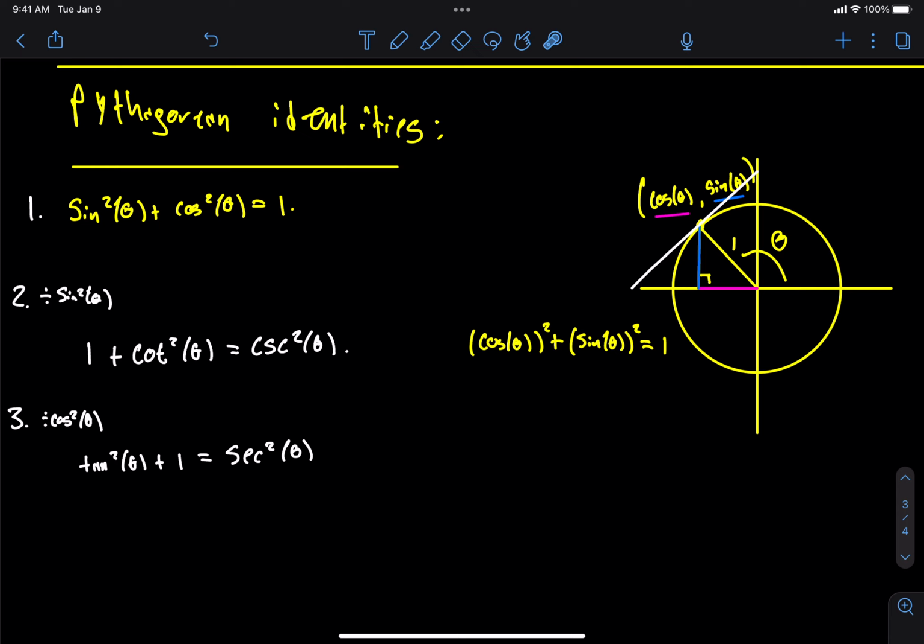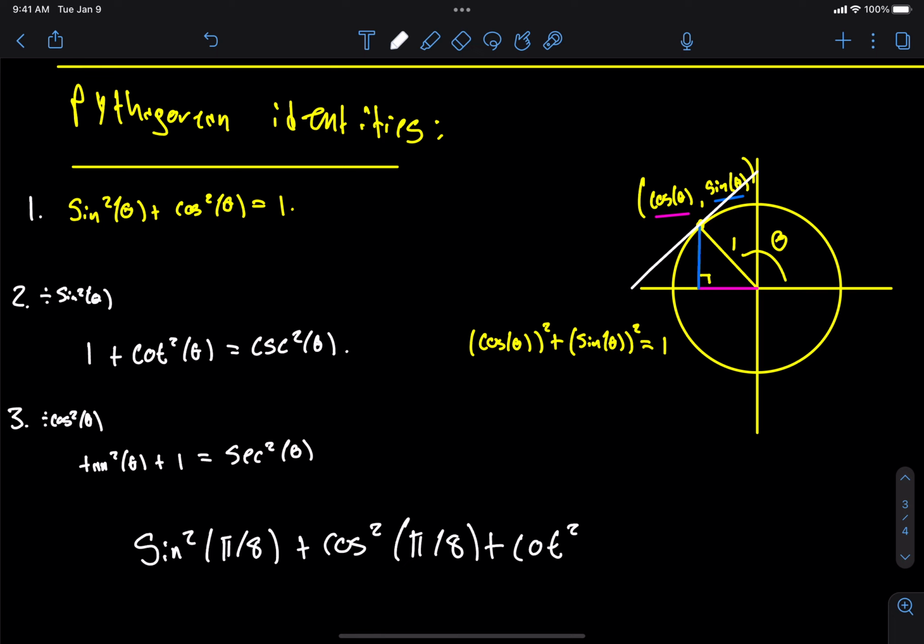Let's see how that helps us on the quiz problem, which was sine squared of pi over 8 plus cosine squared of pi over 8 plus cotangent squared of pi over 3.